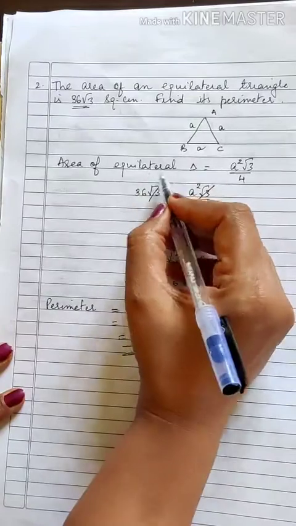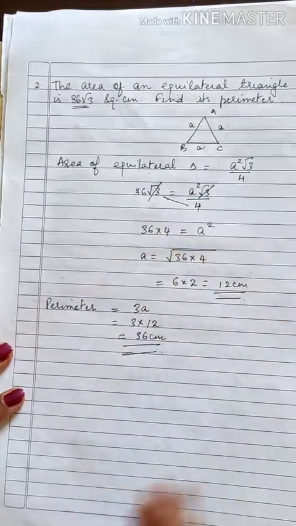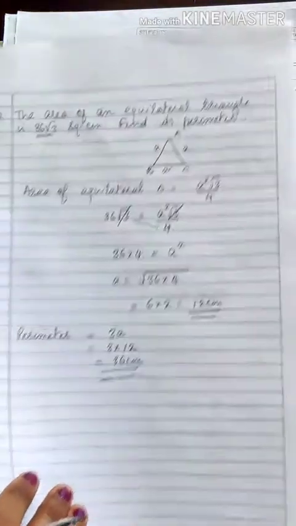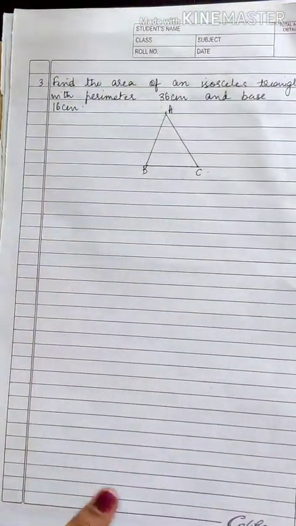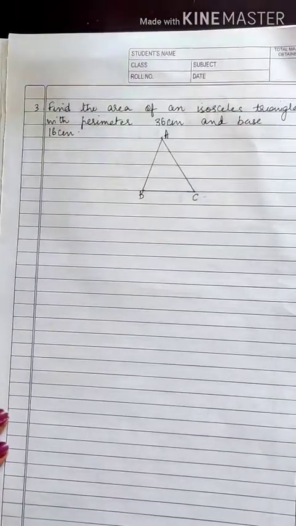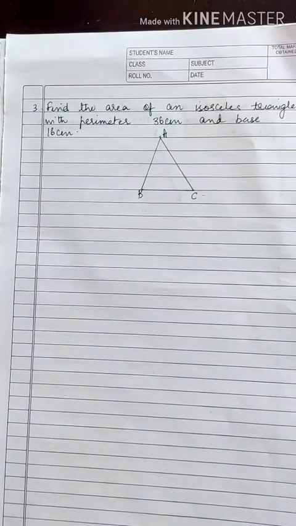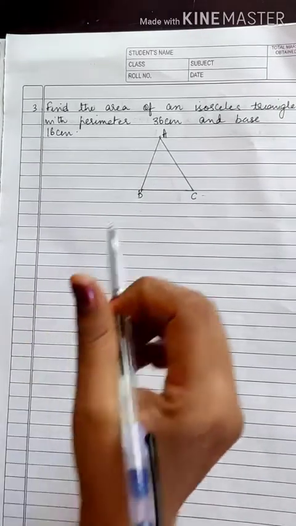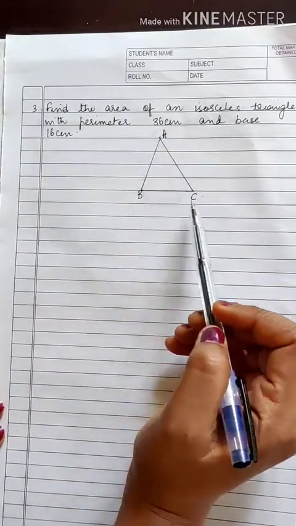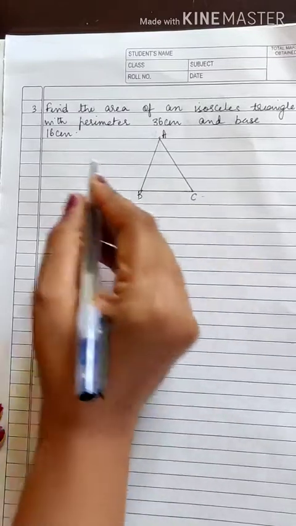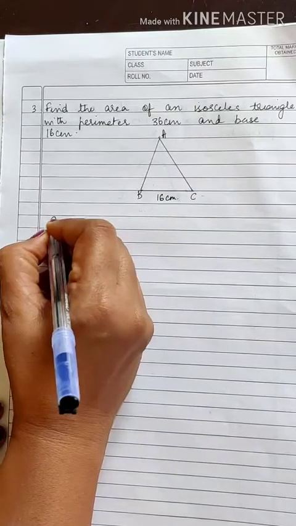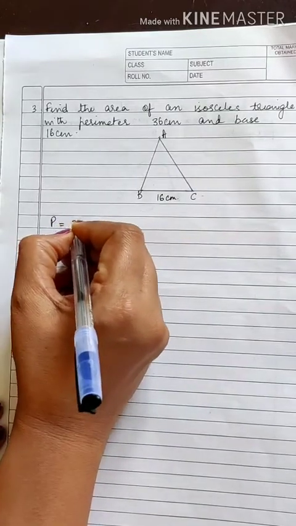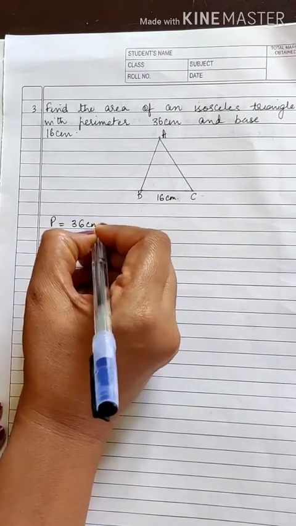So if you remember the area formula, you will be able to solve. Now moving on to the next sum. Find the area of an isosceles triangle with perimeter 36 centimeter and base 16 centimeter. So here you have an isosceles triangle ABC. Now BC is the base, which is given as 16 centimeter, and the perimeter of the isosceles triangle is given as 36 centimeter.